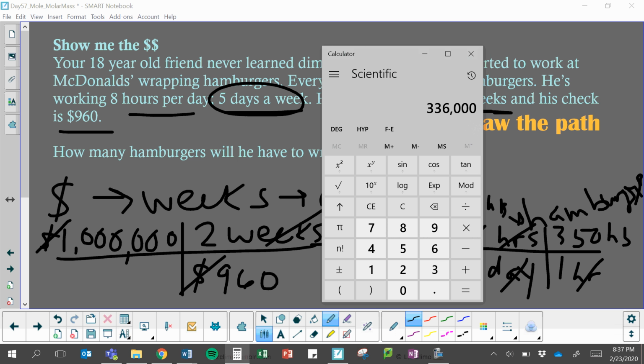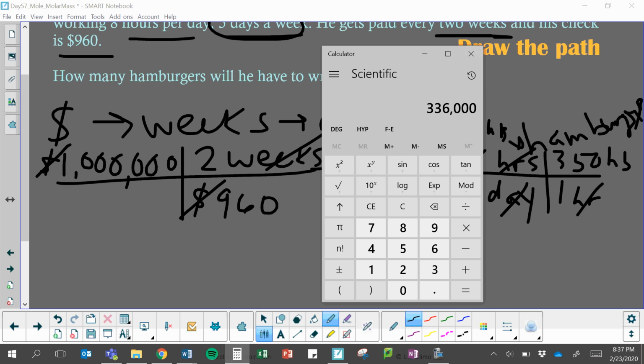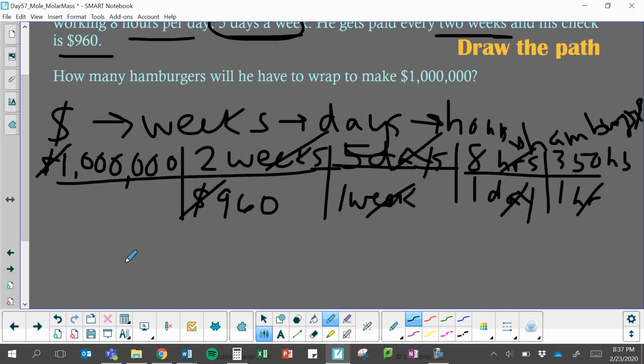So we're left with this number. Let me scroll down a little bit. 336,000 hamburgers.